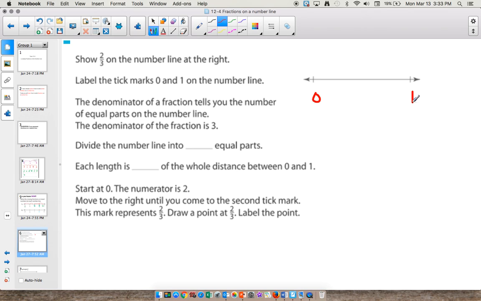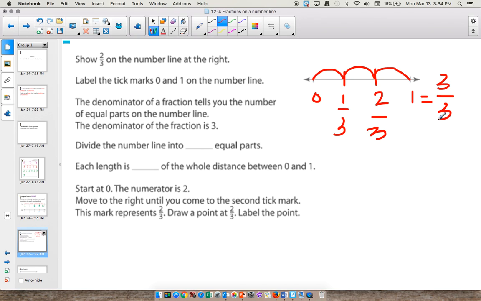It means I have 3 sections. So I'm going to have 1, 2, 3. So here are my tick marks right here. I just created them, right? This is 0 thirds. This is 1/3. And this is 2 thirds. This is also the same as 3/3, right? So I could go like this, equal to 3/3.